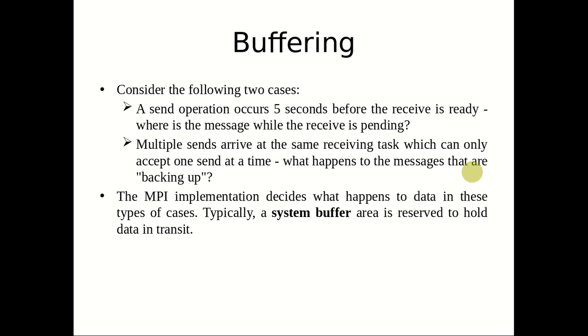Similarly, if the message is ready on the sender side but the receiver is not ready, there also a buffer is there for it to be stored. Now the MPI implementation decides what happens to the data in these types of cases. Typically a system buffer area is reserved to hold data in transit. So here also we have the same concept of system buffer. This buffer is not the same, but the concept is the same.